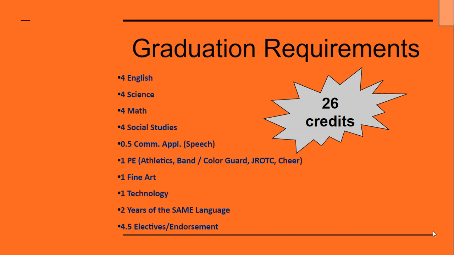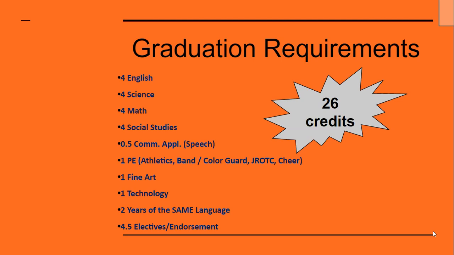Here is a list of the graduation requirements. You will need 4 credits of English, 4 credits of science, 4 credits of math, 4 credits of social studies, a half a credit of speech, also known as communications applications or professional communications, 1 credit of PE or band, athletics, color guard, JROTC, or cheer.